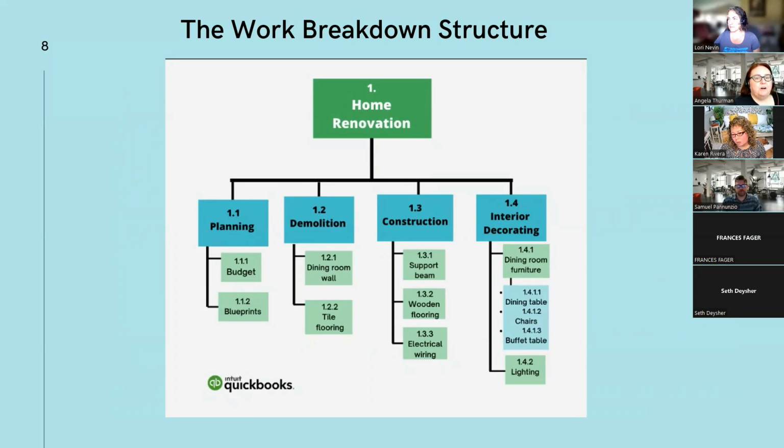So this is an example of a very simple WBS. At the top level, you've got your main project work, which is a home renovation. And then at the very first level, you've got the 4 main work packages. So 1.1 is the planning, 1.2 is demolition, 1.3 is construction, and 1.4 is interior decorating.